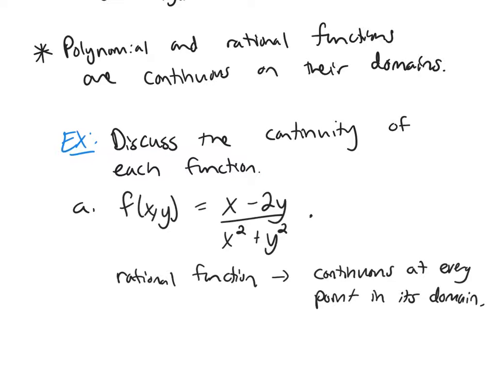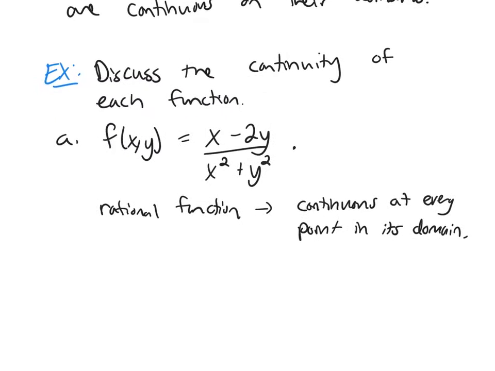So now we just need to find the domain of this function, which we've done previously. Right here I'm dividing, so I need to make sure that the denominator is not 0. But this equation here corresponds to just a single point, 0, 0.